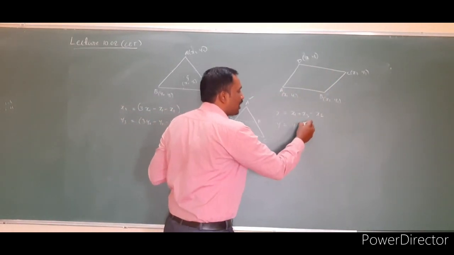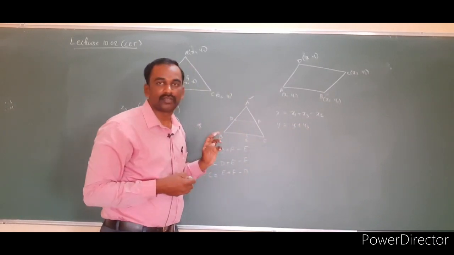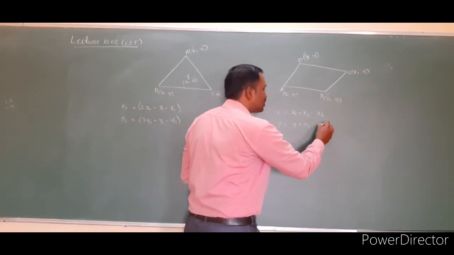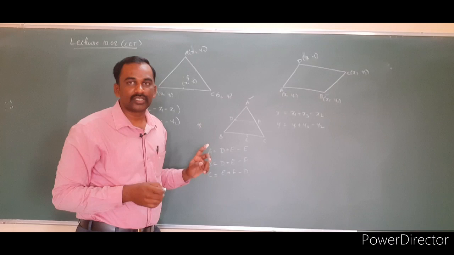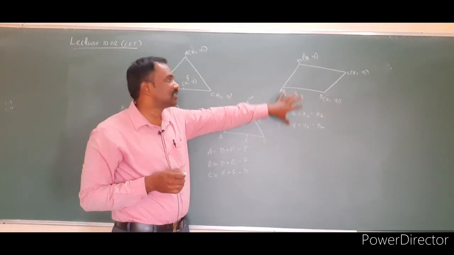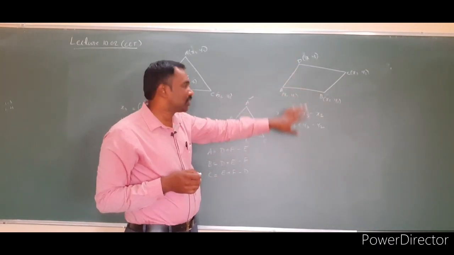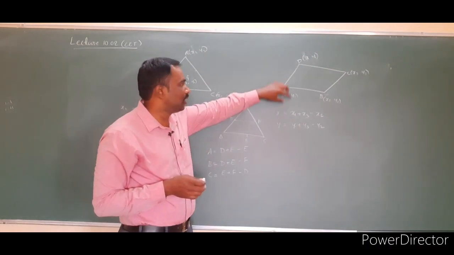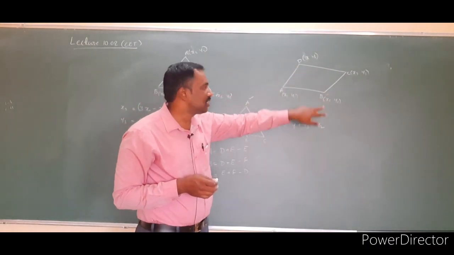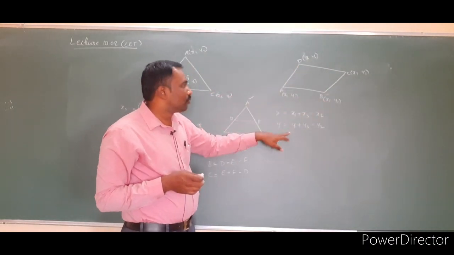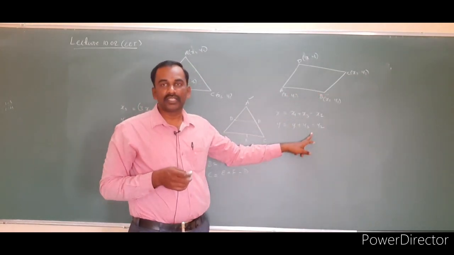Similarly for the y coordinates, the sum of the conjugative terms, and the remaining term you just write as a difference. That gives the required fourth vertex of the parallelogram: x value x1 plus x3 minus x2, y value y1 plus y3 minus y2.